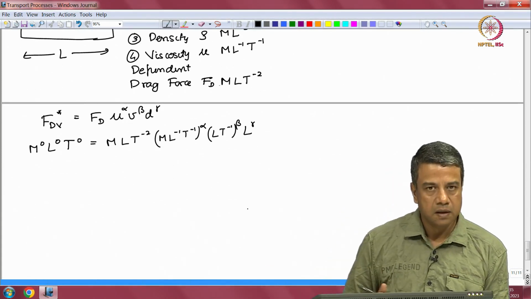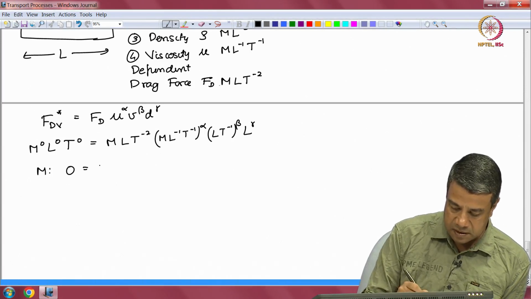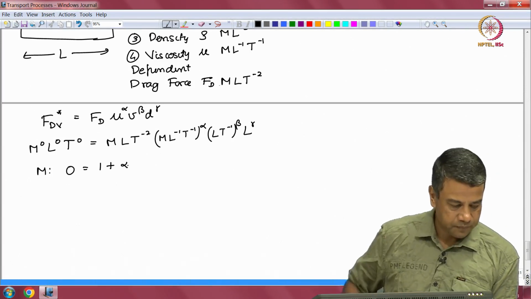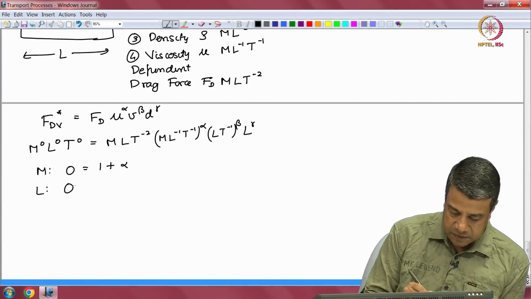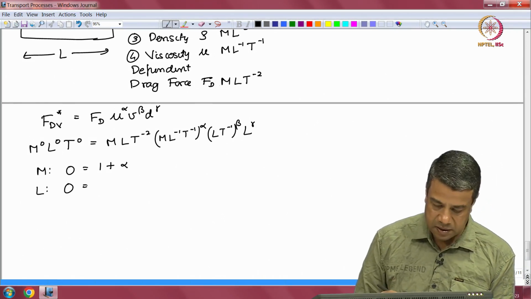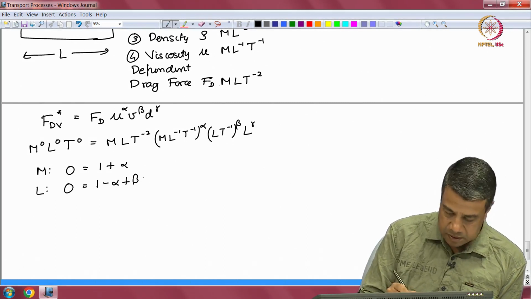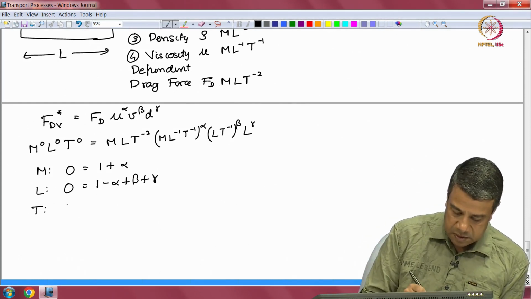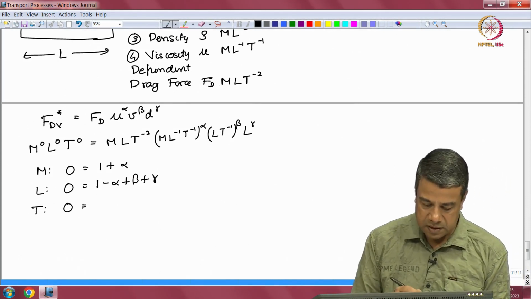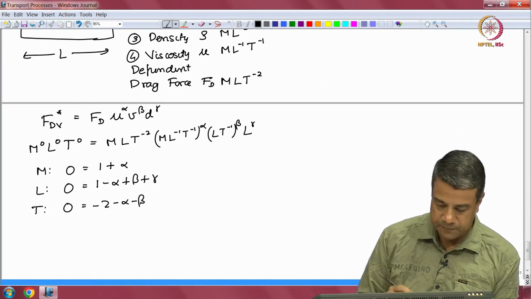If I look at the individual dimensions, for the mass dimension, the left side exponent is 0, the right side exponent is 1 plus alpha. Length dimension, left side is 0, right side is 1 minus alpha plus beta plus gamma. And the time dimension, left side is 0, right side is minus 2 minus alpha minus beta.